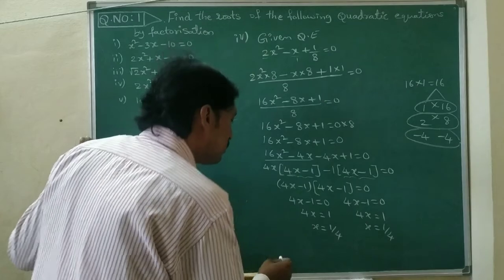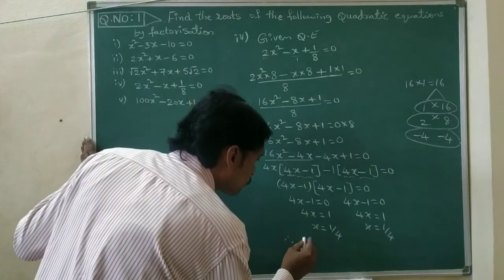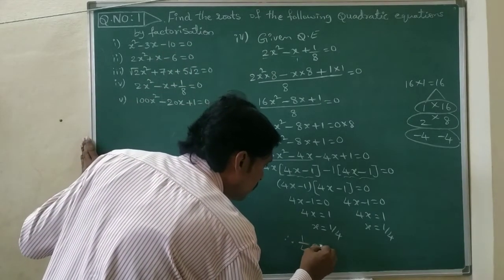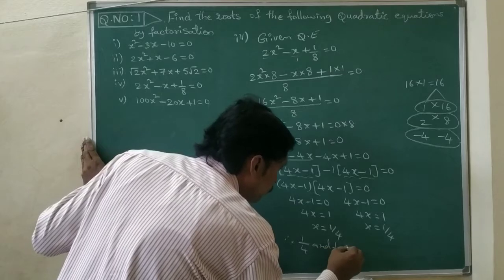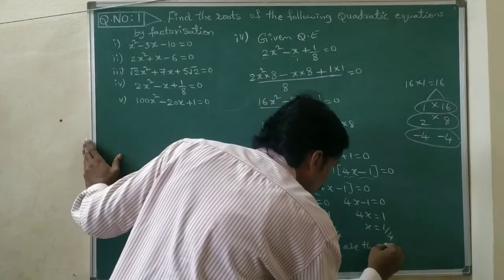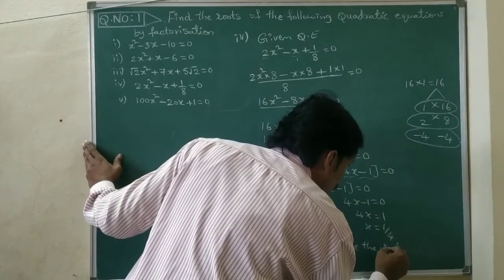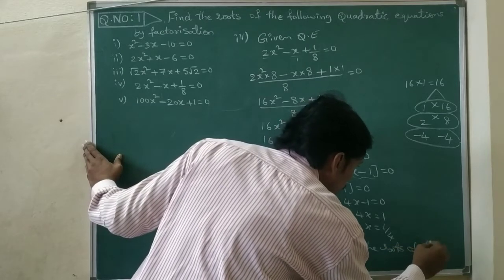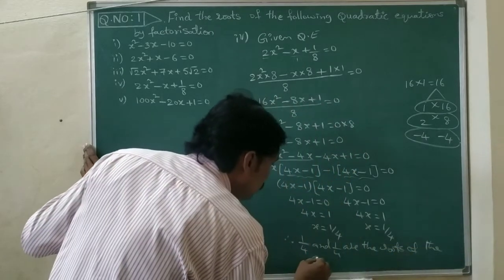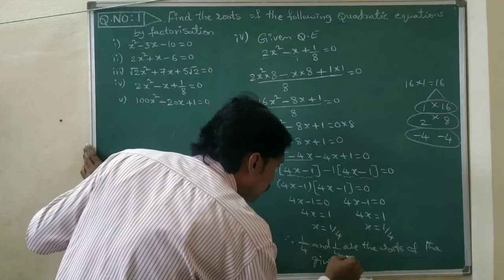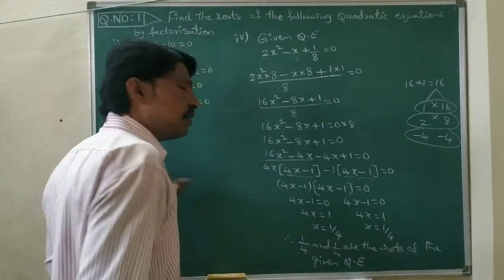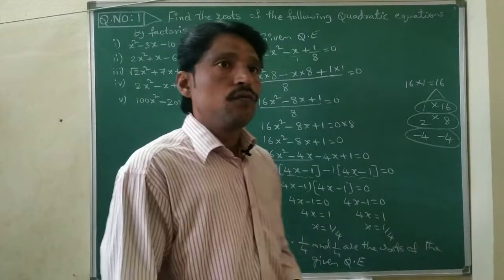So write down: therefore 1 by 4 and 1 by 4 are the roots of the given quadratic equation. This is about the fourth problem.